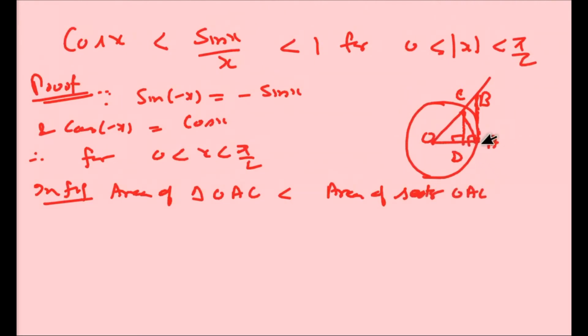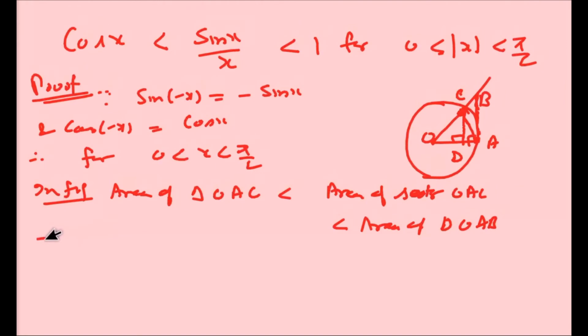This is sector OAC, this one is a sector. And you can see in this figure it is also less than the area of triangle OAB. In this figure you can see the OAB triangle area, OAC sector and triangle OAC. This is the common point. According to the figure we write this.